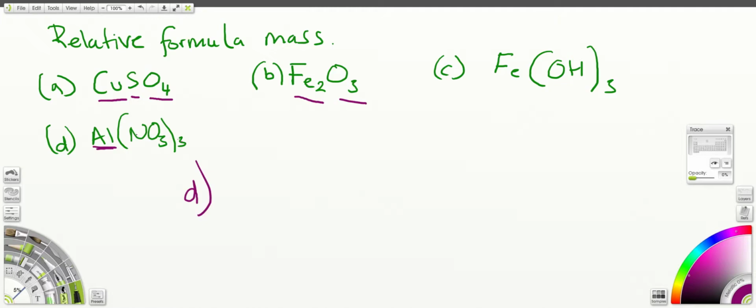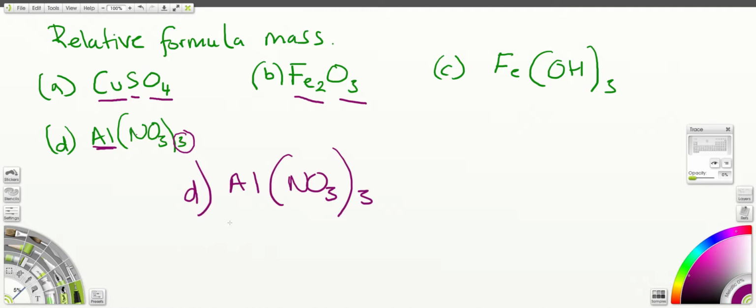Remember you have to multiply the inside by the outside, so I've got 3, because this is the number 3 here, and I've got 3 nitrogen, so 3 times 1 nitrogen gives me 3 nitrogen. Now 3 times 3 oxygens, because I've got 3 oxygens already, that's 9 oxygens. So this is what I'm going to do: Al(NO3)3.